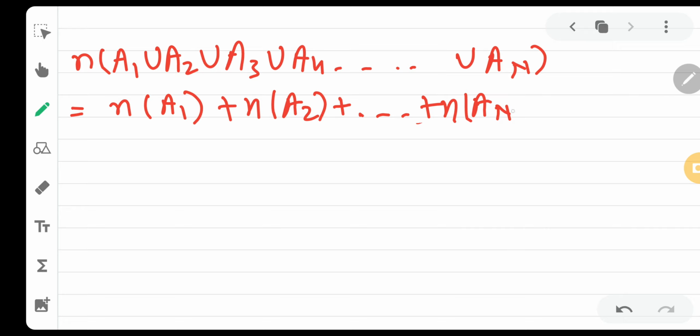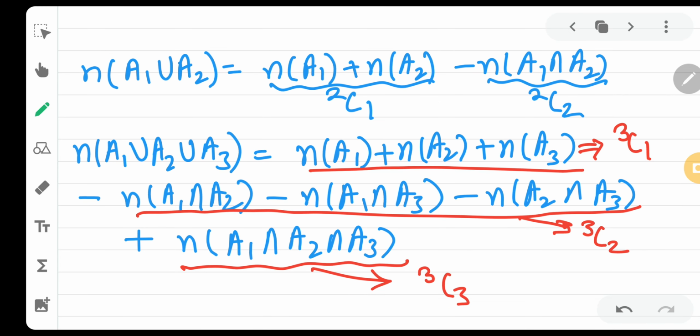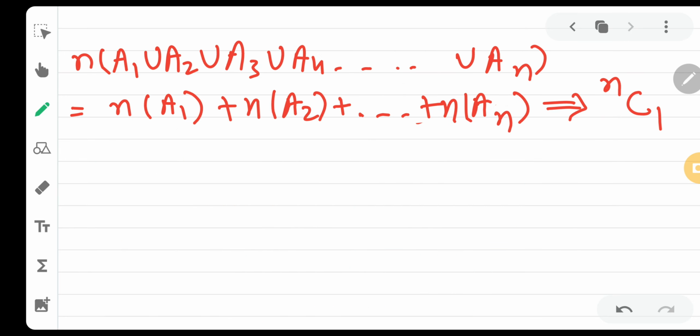How many possibilities? There will be NC1 possibilities, right? Just like 3C1, 2C1, 4C1, there have to be NC1 possibilities.